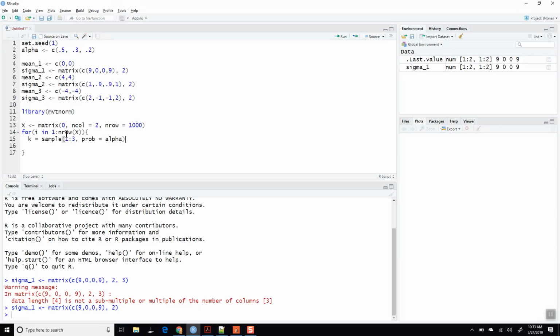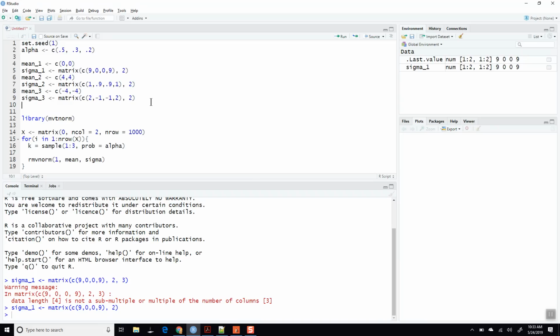And then we'll use rmvnorm, and we need one value from it using mean and sigma. And so what I'll do is I'm going to put all of these together in a list.